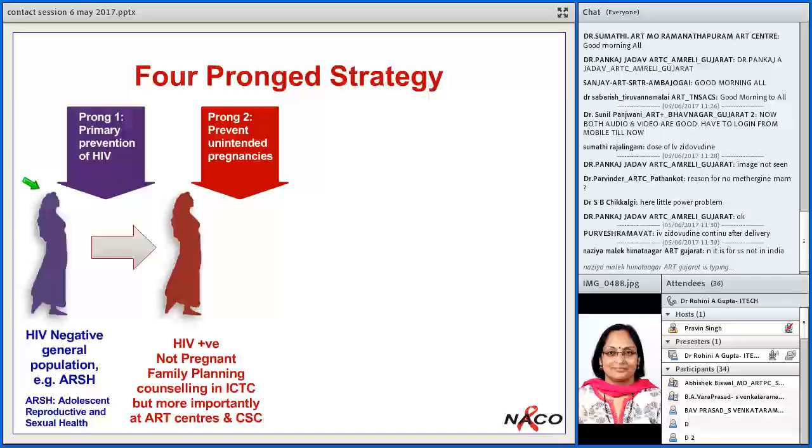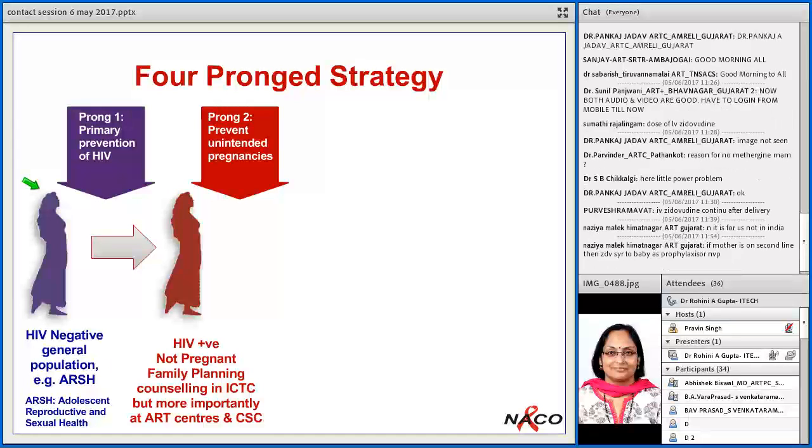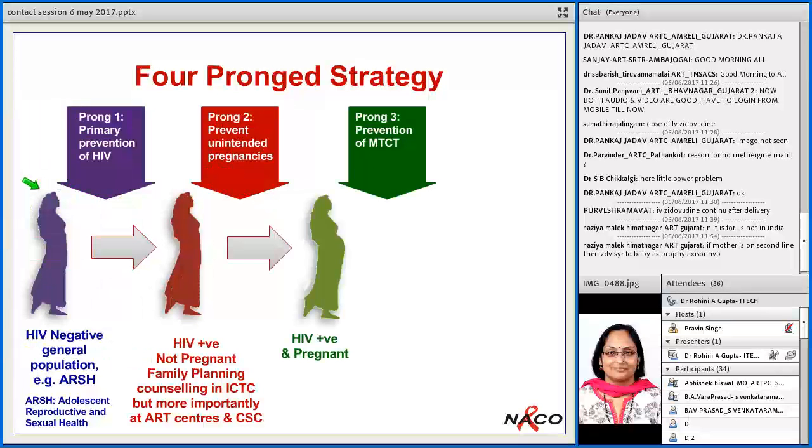Prong 2 is to prevent unintended pregnancies. That is, if you have an HIV positive lady or sexually active young person in your ART clinic, please counsel about family planning. Very few of us counsel about family planning, but it is important so that she can have a planned pregnancy and avoid any unintended pregnancies.